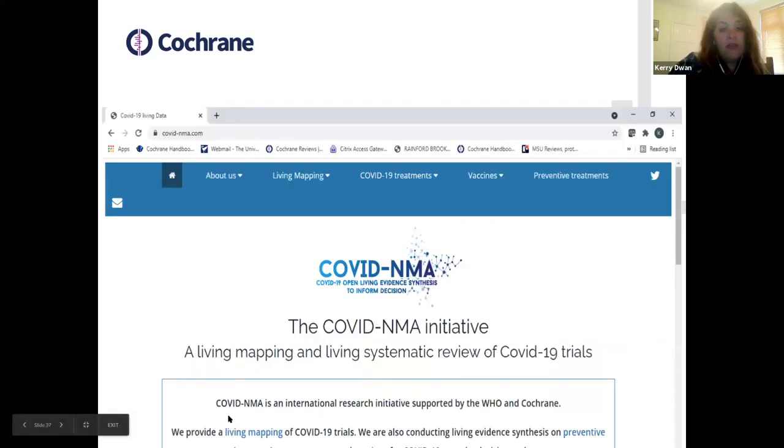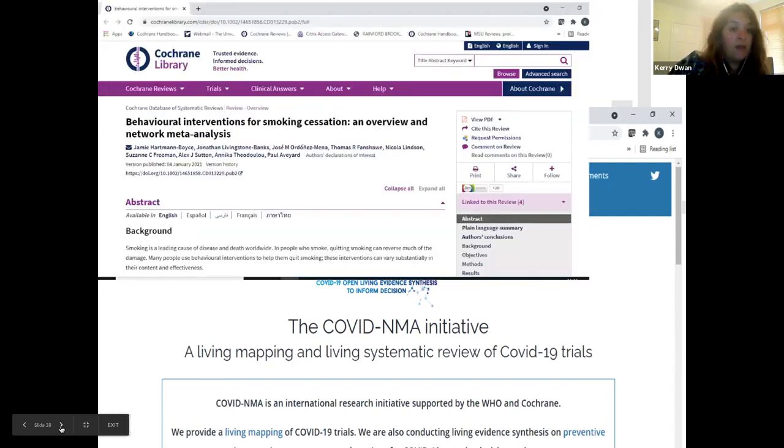This is just showing some of the network meta-analyses that are out there. COVID NMA is a project collating all the information on the different interventions for COVID. And then in the Cochrane Library, we have behavioural interventions for smoking cessation, which is an overview and network meta-analysis. And this involves 312 trials with over 250,000 participants included, looking at 845 different study arms.